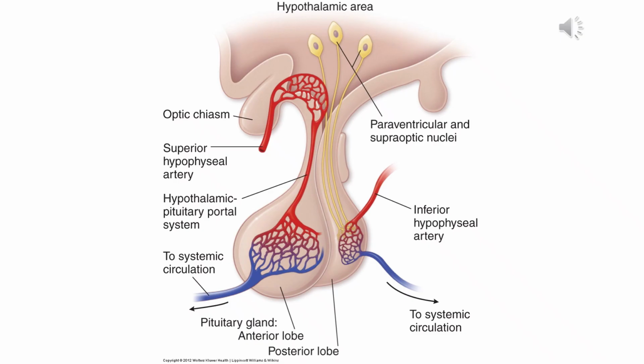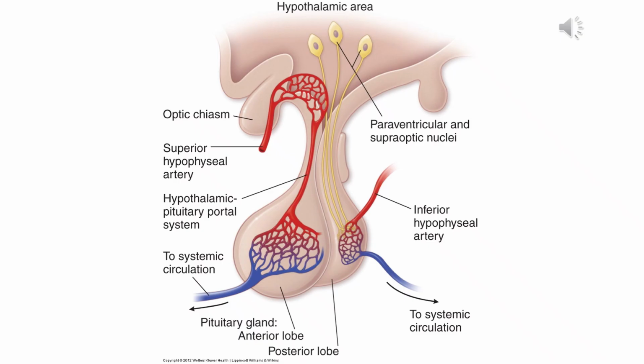Hormone number 4 of the hypothalamus, CRH, corticotropin releasing hormone, traveling by way of the portal system to the anterior pituitary. It binds upon cells called corticotropes.